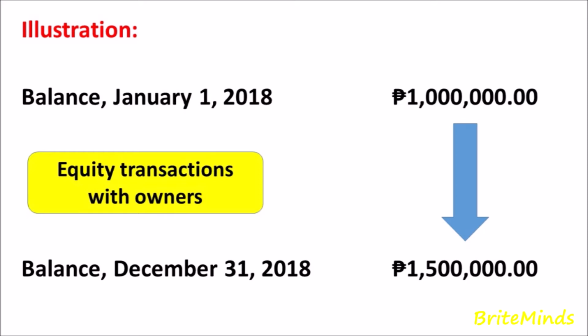It can be the net income added to the business, or the owner gives additional contribution to the business, or the owners withdraw from their accounts. And so we can see the ending balance for December 31, 2018. This is how the movements of transactions occurred during the accounting year.